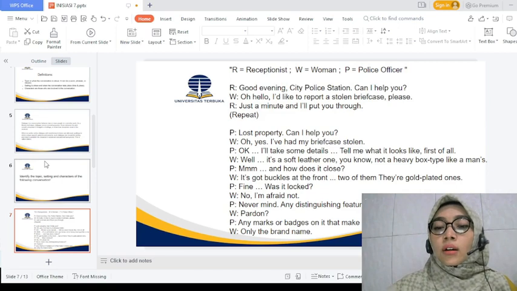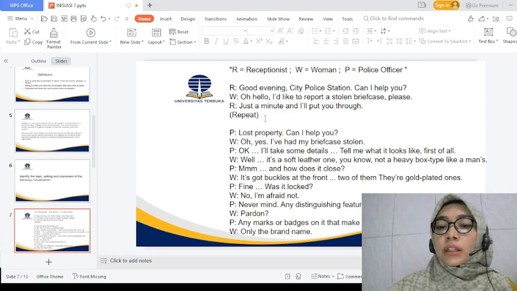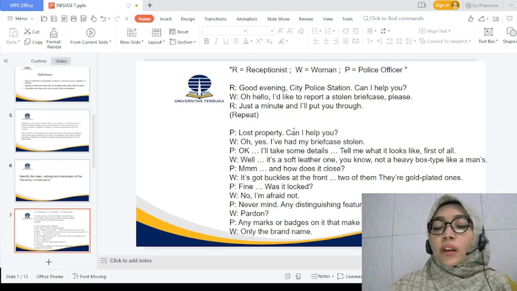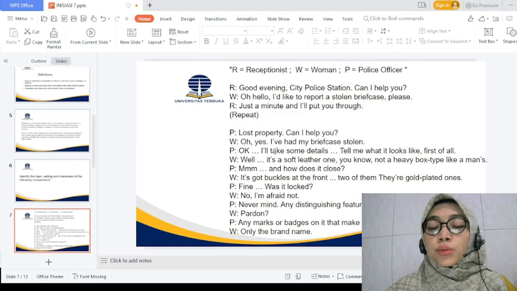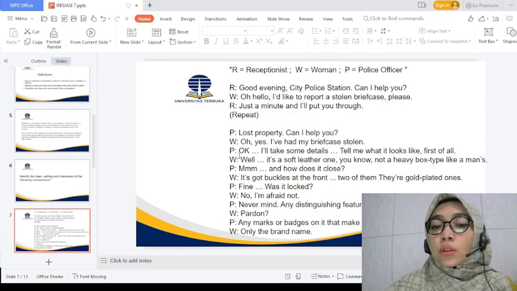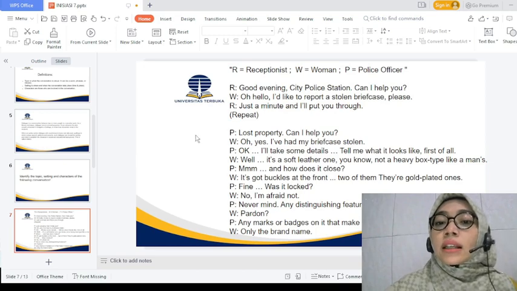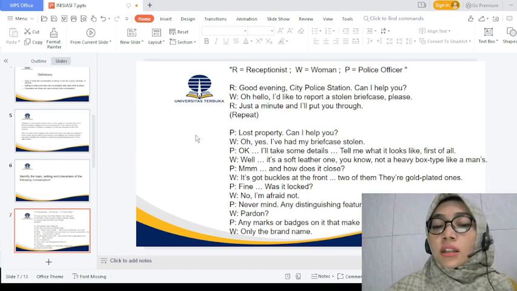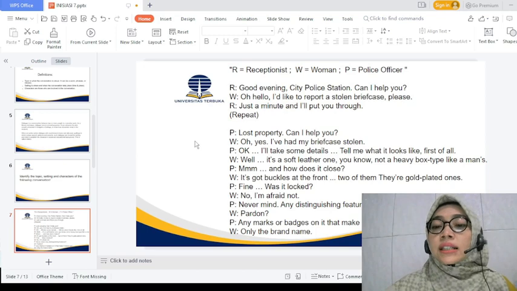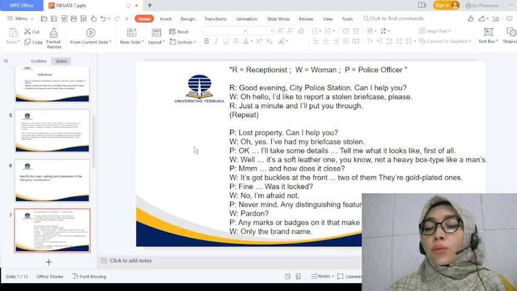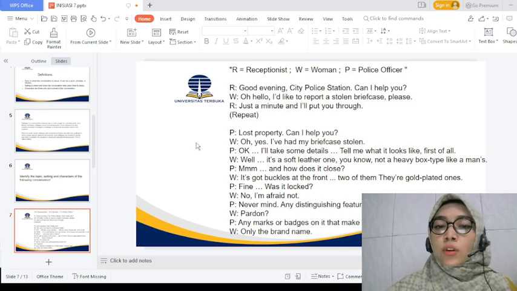You will have time to identify the characters, the setting, and also the topic of the conversation by doing the discussions. And also, if you do not understand how to analyze the three kinds of elements in the conversation, you can easily ask your friends or maybe ask me in the chat box.